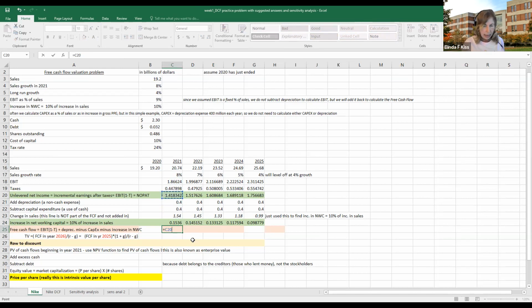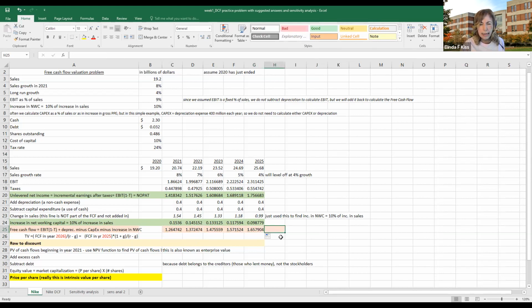I then add back the depreciation. It's a non-cash expense. And I subtract the capital expenditure, and I subtract the increase in net working capital. So here is my free cash flow for year 1, and I will continue this all the way across.